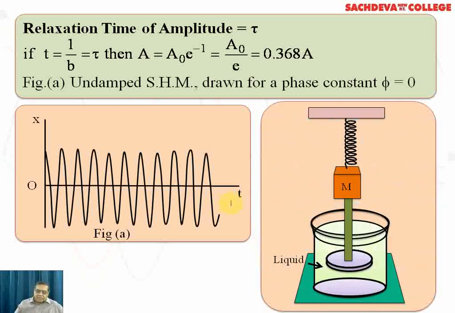If we stretch the spring and allow it to move in a liquid, due to interaction with the liquid the spring, or the mass, will come to a state of rest, and that will be the damped oscillation.